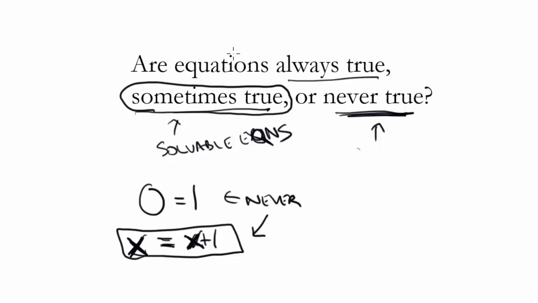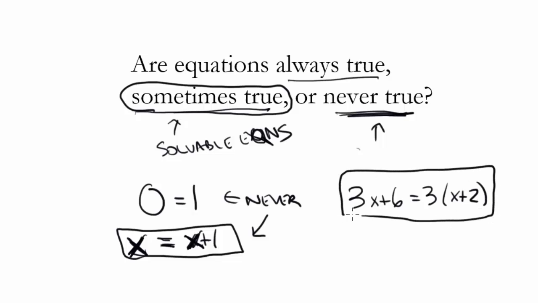What about equations that are always true? Well, we can use factoring to find equations that are always true. 3x plus 6 equals 3 times x plus 2. Yep, this is always true. This is true if x equals 1.